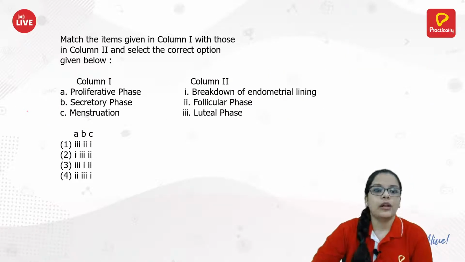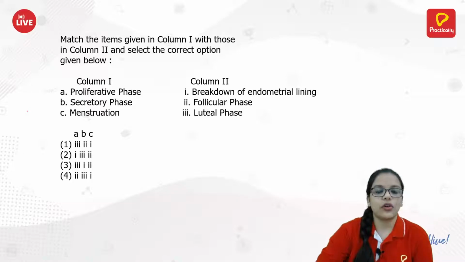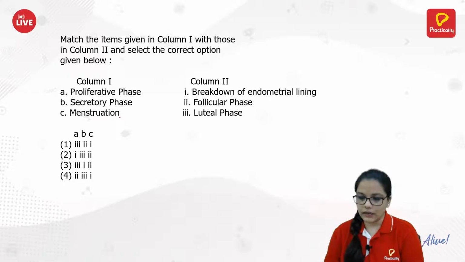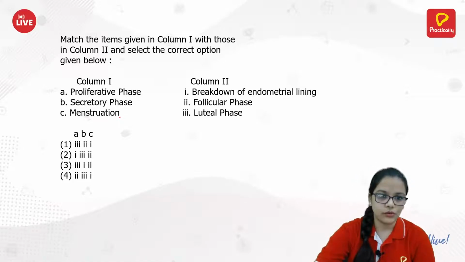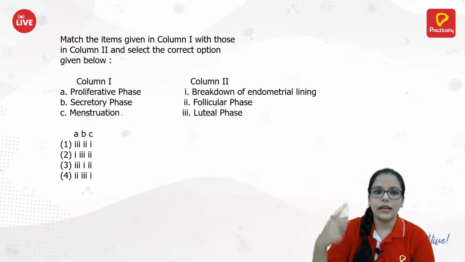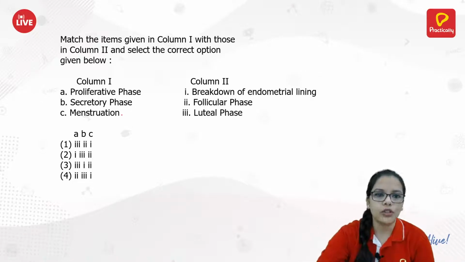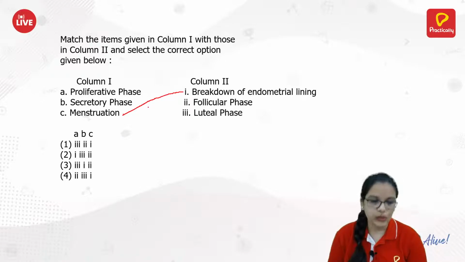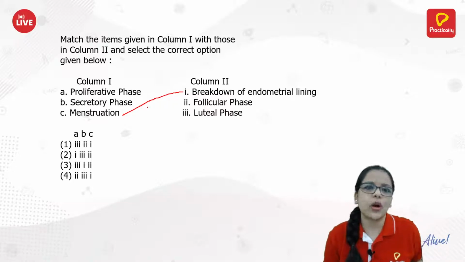Now there's a match of column: proliferative phase, secretory phase, and menstruation. We have done this every time we do match the following. We'll do the elimination part. What we know best, we'll mark that, and we'll start eliminating the options. Menstruation we know is the breakdown of endometrial lining. This for sure we know, because this is a very common question.